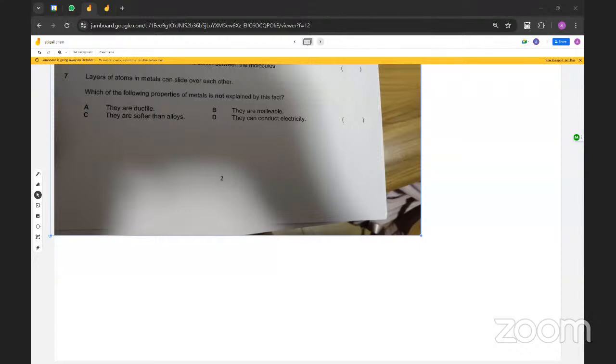I'm going to search something. You can see my screen sharing. No, cannot see that. Here we are. Metal formula. Maybe this one.